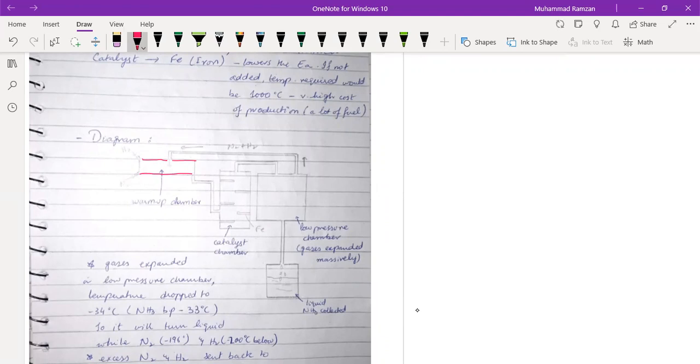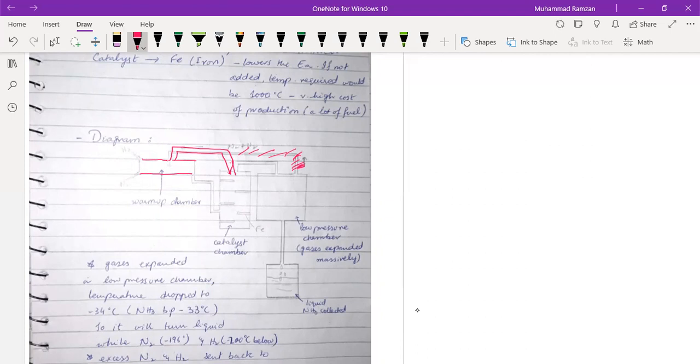It needs some modification. Then it goes into the catalyst chamber. This is the catalyst chamber. I remove this. It goes into the catalyst chamber, where the reaction occurs.